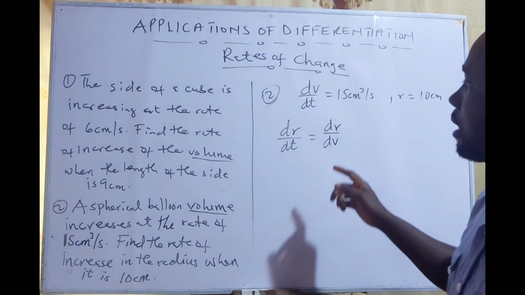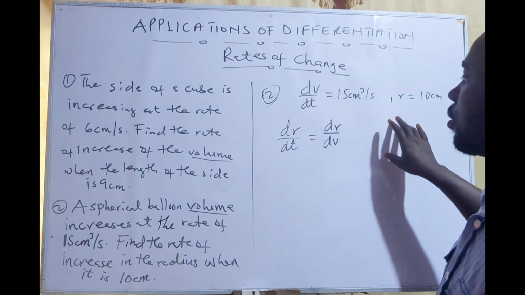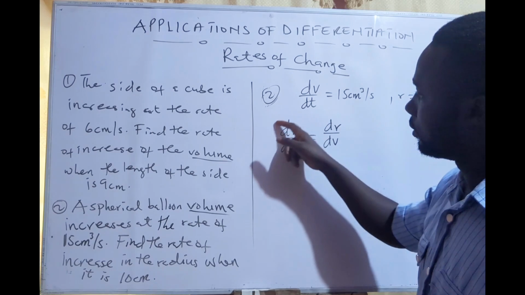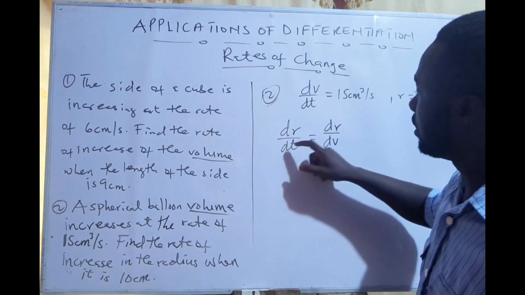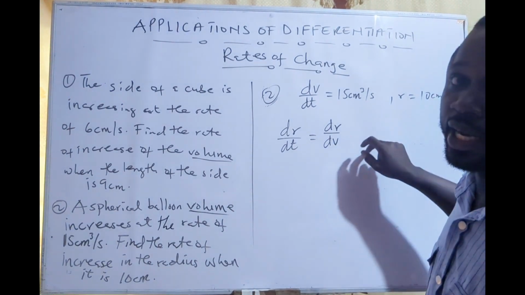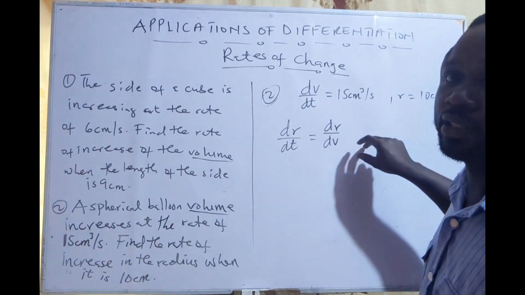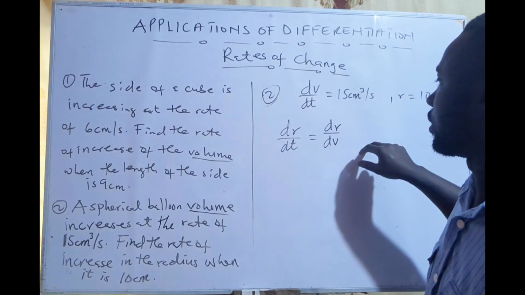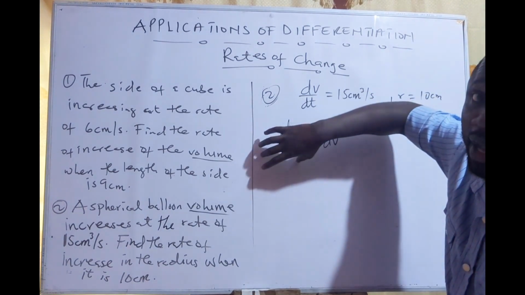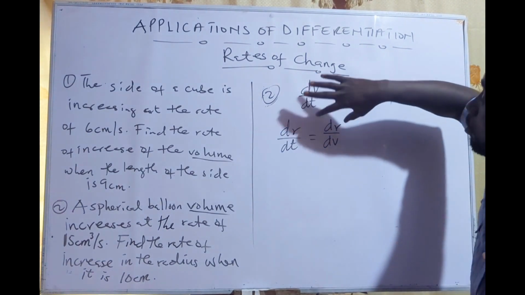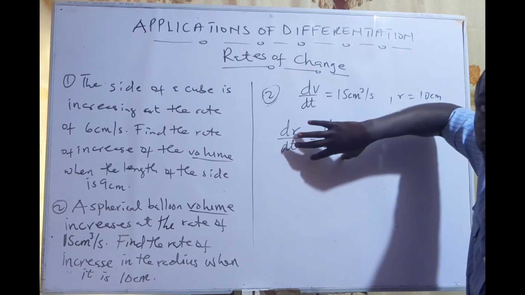Take note that anytime you are writing the chain rule, the r here becomes the numerator, and the t here becomes the denominator in the second rate of change when you multiply. Since I'm finding the rate of change of radius with respect to time, it should be the radius with respect to the volume.